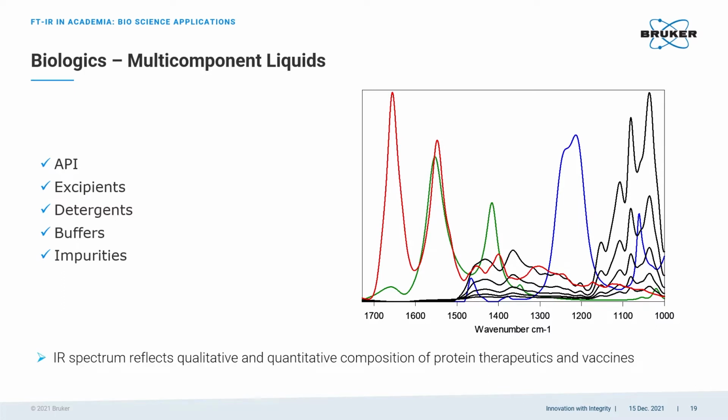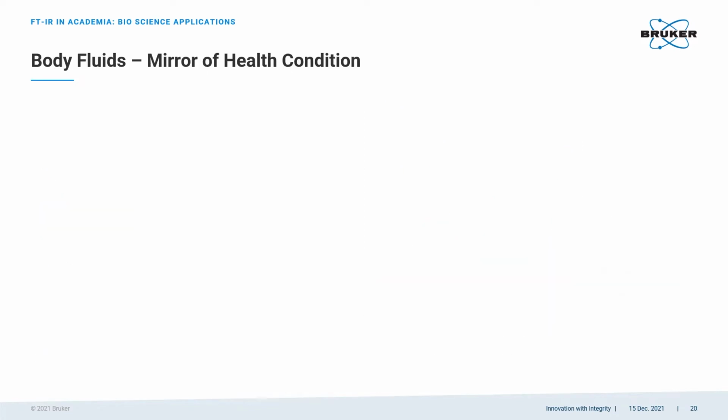And from that single spectrum we can get qualitative and quantitative information about individual components and the entire composition. So in general, the IR spectrum allows us to take a holistic view on complex sample materials.